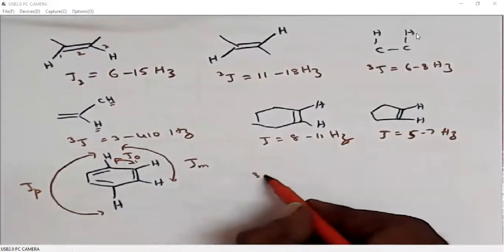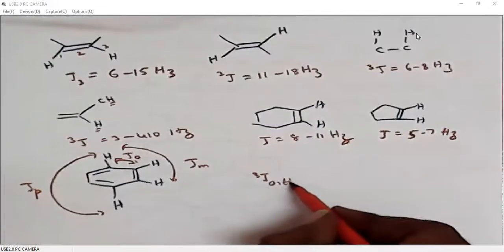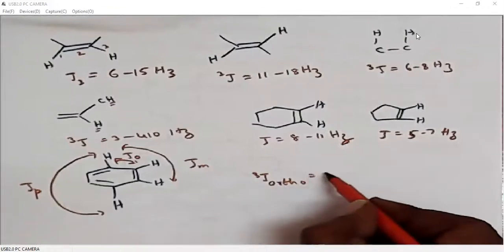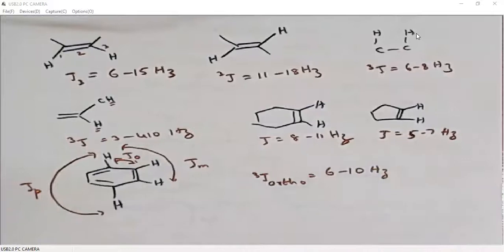Ortho coupling is a 3 bond coupling. So the ortho coupling constant value is 6 to 10 hertz. In the aromatic compound, ortho protons are coupled strongly.